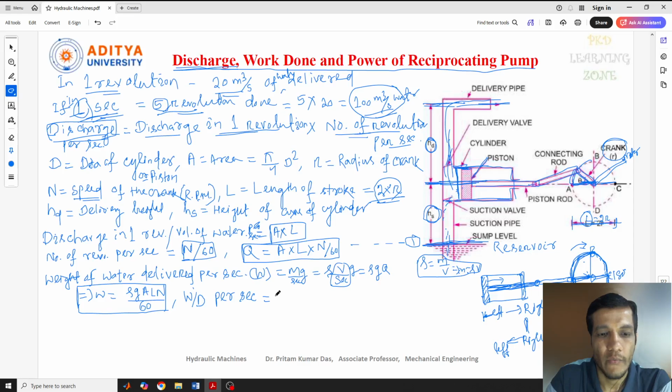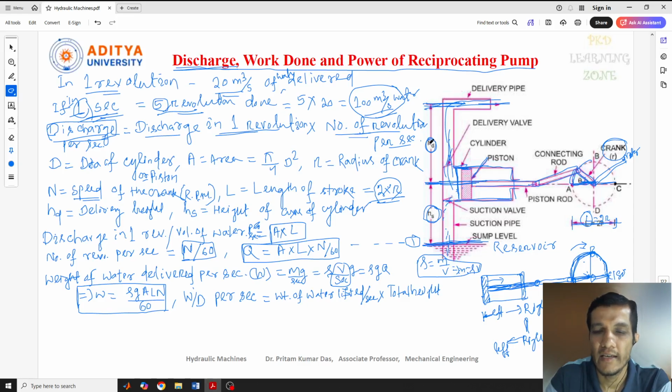So the weight of water lifted per second into the distance. How much distance? That means the total height of water lifted. If you see the total height which is lifted from the sump level to the delivery point, how much is there?